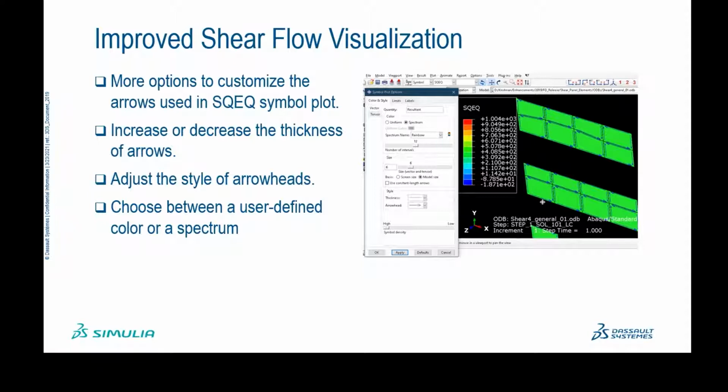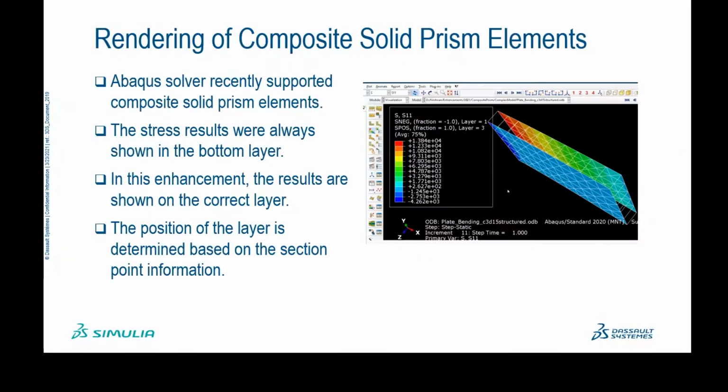So now that capability has been fixed and enhanced as well. Rendering the composite solid prism elements was more of a bug fix that has been addressed in the previous releases, and now it's available as part of the Abaqus 2021 GUI.